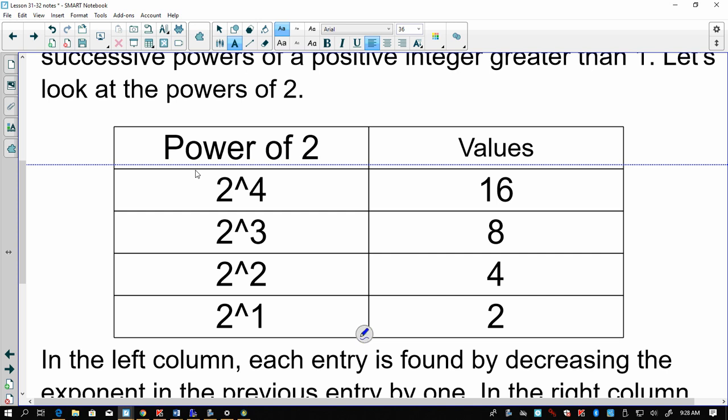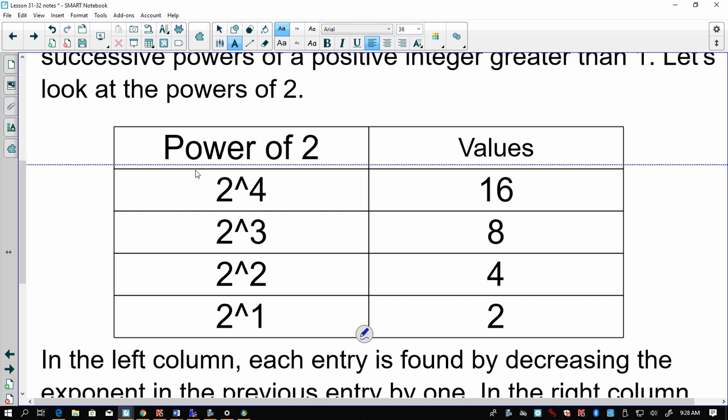That means, what would come after 0? Negative 1. So 2 to the negative 1st is 1/2. Does anybody know what 1/2 divided by 2 is? 1/4. So 2 to the negative 2nd would be 1/4.